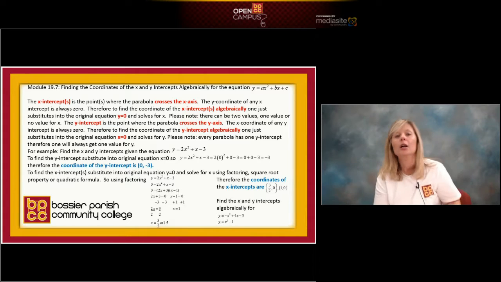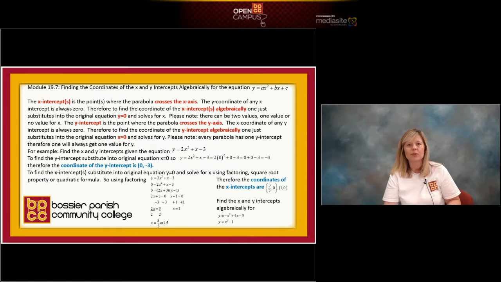Now, we talked about the x-intercept. If you're on the x-axis, your y value is going to be 0. So that's your rule. If I ask you to find the x-intercept algebraically, you substitute into your equation y, replace it with 0. Now, let's go down and do this. Here's our equation. y equals 2x squared plus x minus 3.